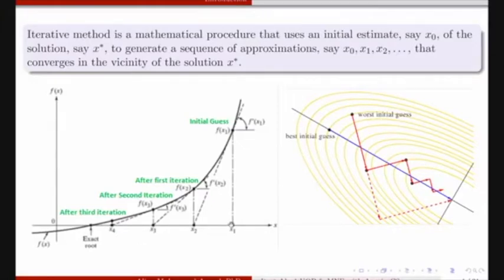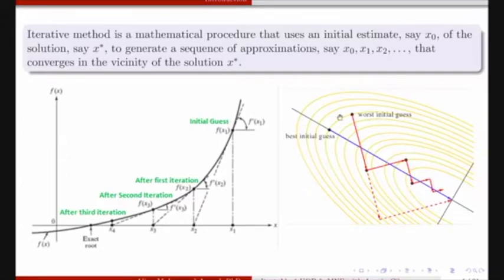So the two figures here, the one from the left, it shows when you are given an initial guess x1, then you will generate x2, x3, x4 until you have the exact solution. And iteratively, it's not always possible to get the exact solution. In some cases, you might get approximate solution.